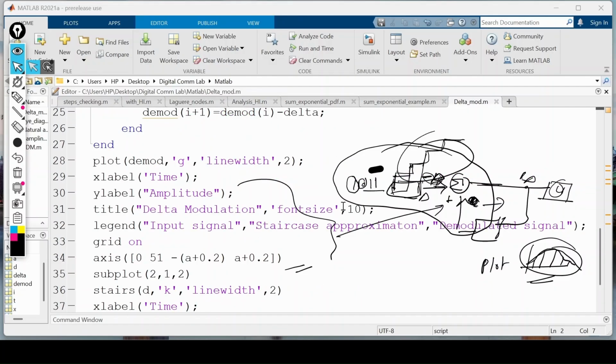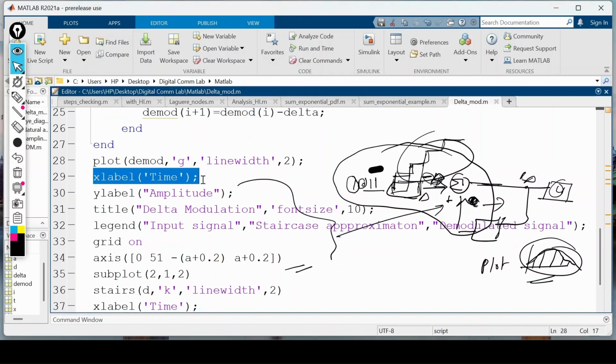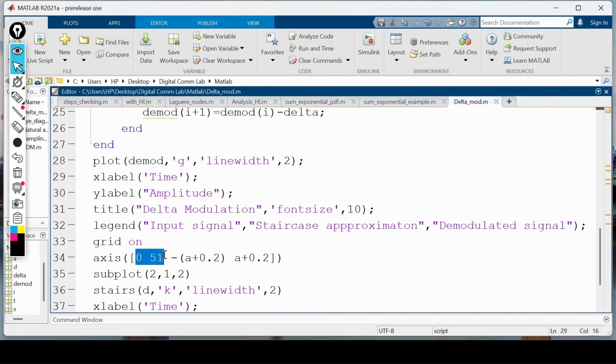After that, we have plotted the demodulated signal. X label is time, Y label is amplitude, and this is the delta modulated signal; it is just plotted. For the axis, we have defined the x axis from 0 to 51. We have taken the number of samples as 50, so it is one more than the number of samples, 0 to 51.